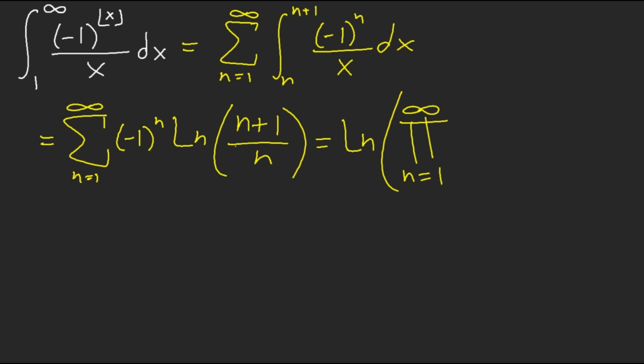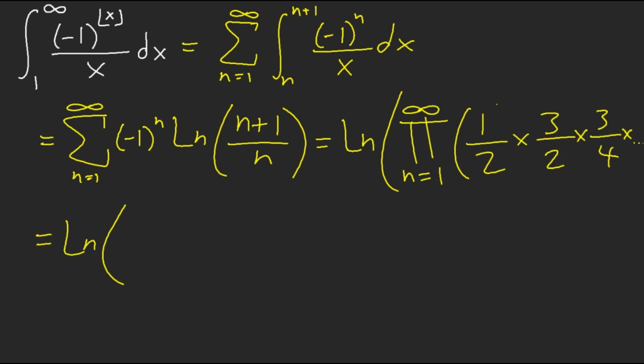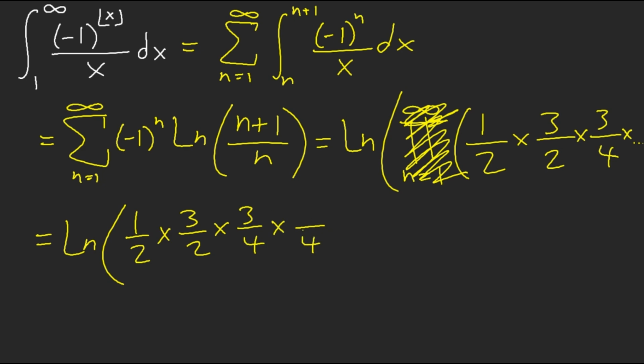Because it's inside of ln. But then we have n plus 1. If we kind of express it, plug in 1, right? Okay, but we have a negative here, so I don't know why I have this pi product here. This should go away because we're expressing it. But we end up with this. And you're going to get this.